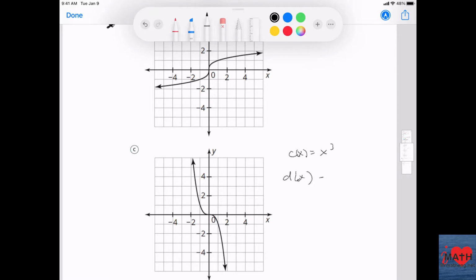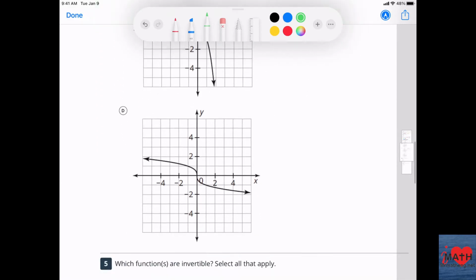But remember, if you have the negative on the inside, it reflects it over the y-axis. So a reflection over the y-axis is the negative, because that would be kind of like b equals -1. So that's not this one, because we're looking for the inverse, not any kind of transformation.